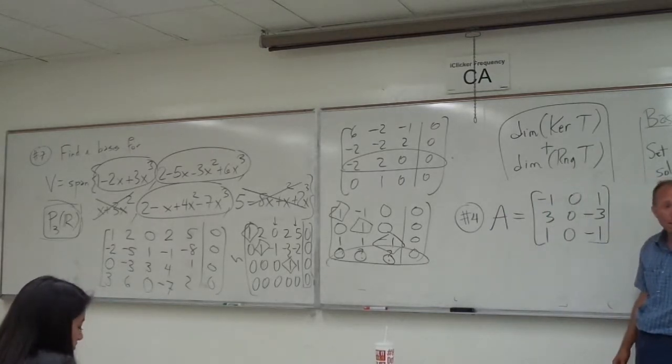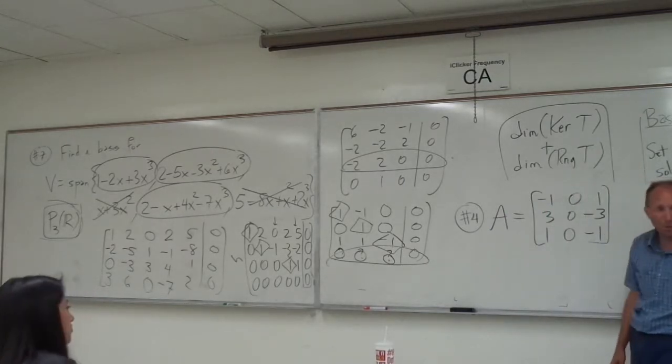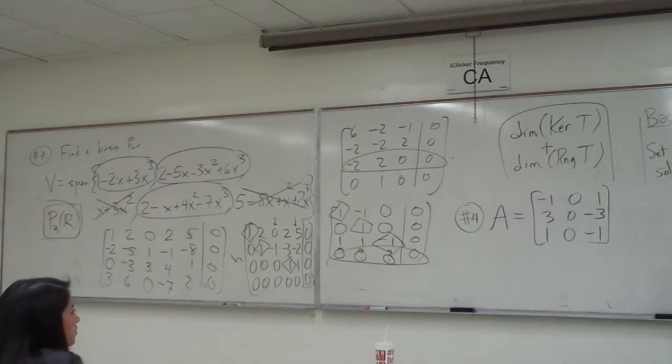Remember what you do? Row reduce it. By the way, you probably noticed that all three rows are multiples of each other. So I can take the third row, put it first, and then zero out everything else, right? So that's my row reduced form. So what's my basis for my row space?